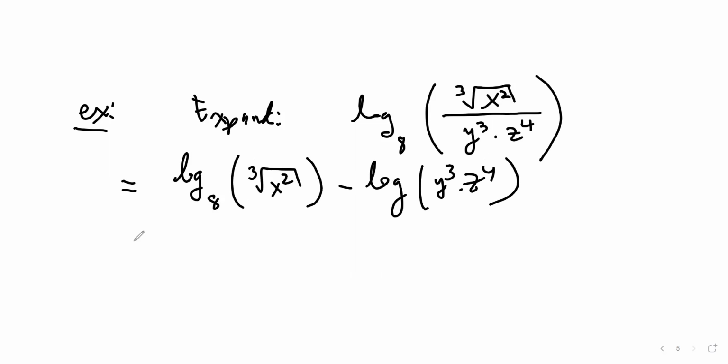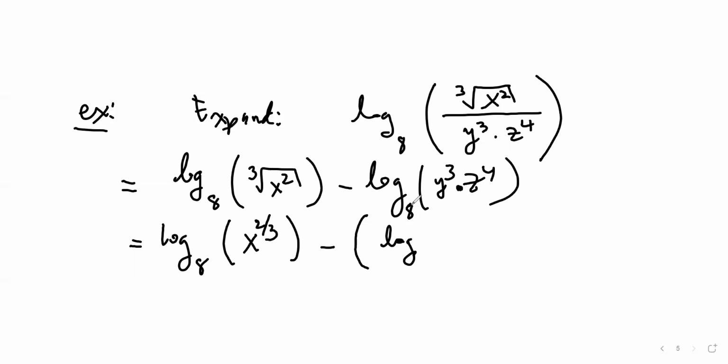Now here I will rewrite it because I need to write it as a power function. So this will be x to 2/3 minus. Now I see a multiplication here. Once I see multiplication, I'm going to write this as the sum using the first property when I expand it.